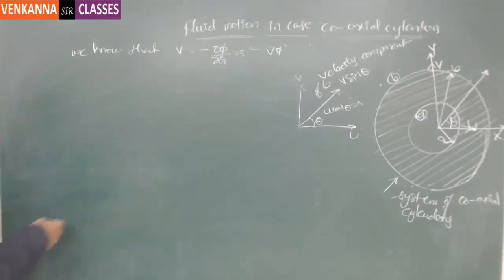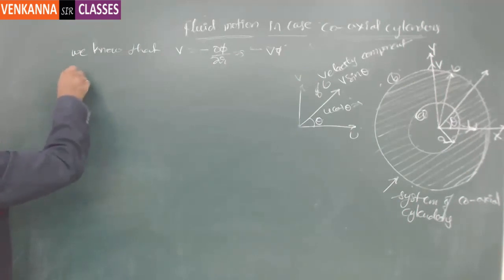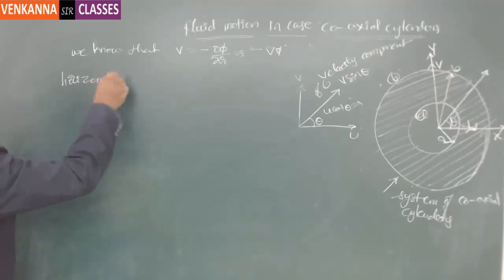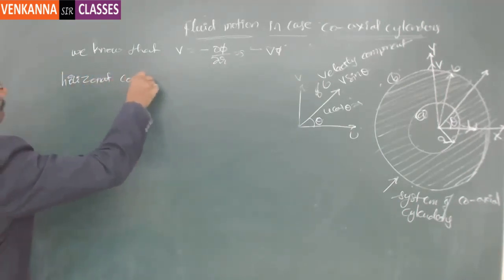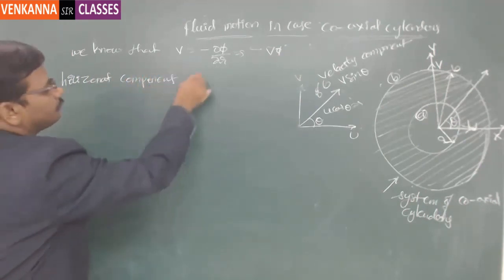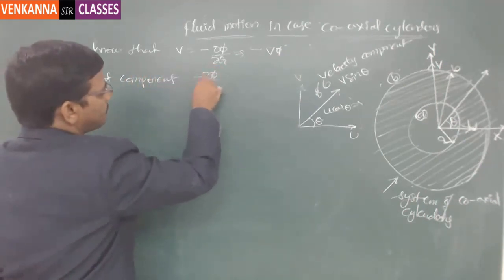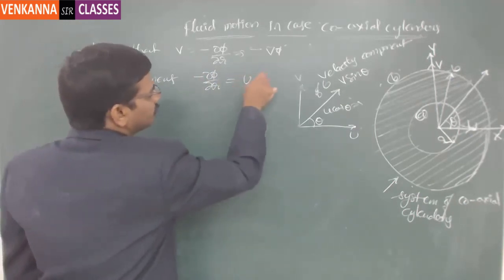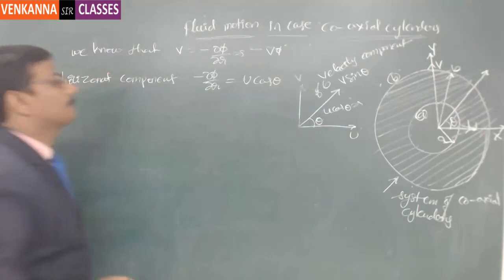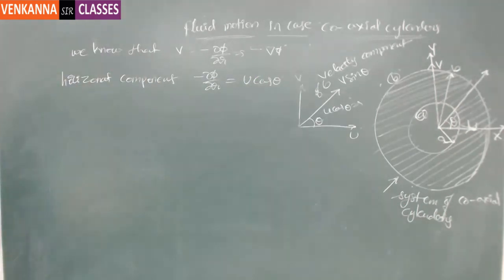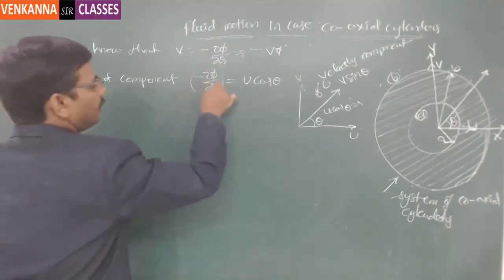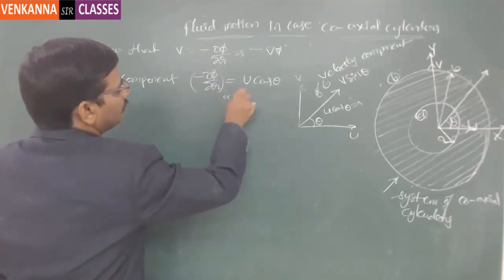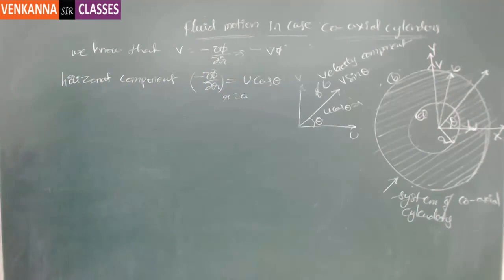So the horizontal component is minus dou phi by dou r, and this value is nothing but u cos theta. So this is minus dou phi by dou r at r equal to a. This is due to cylinder A. And similarly, the vertical component.